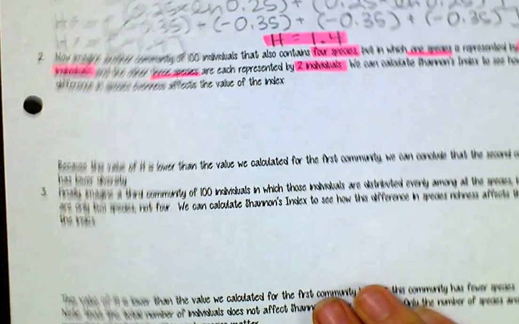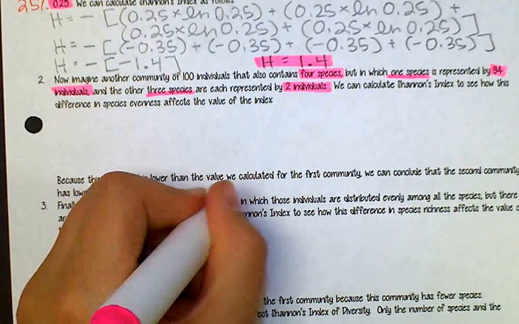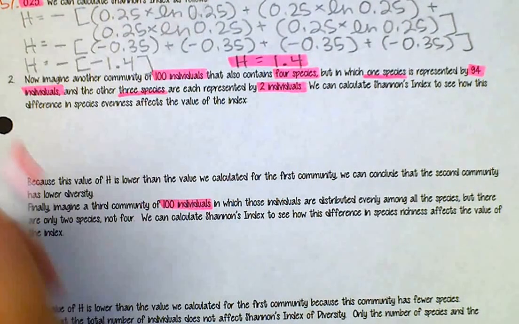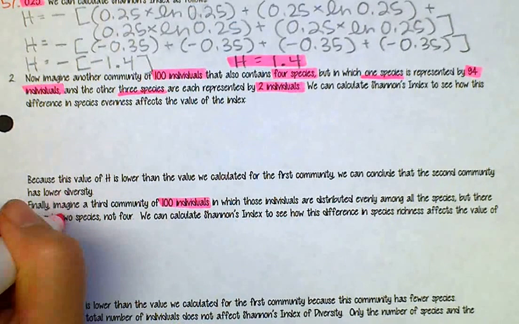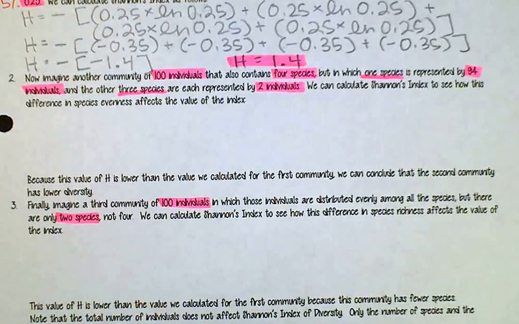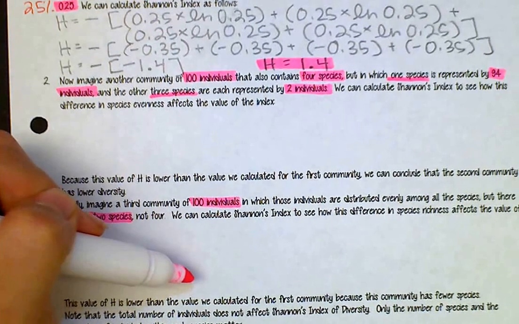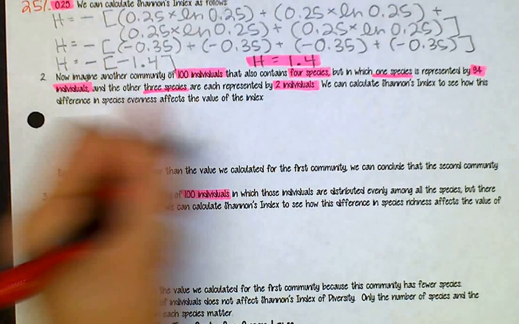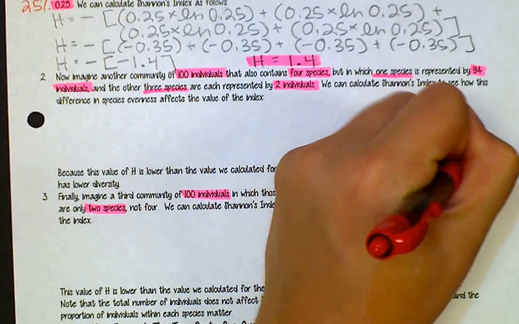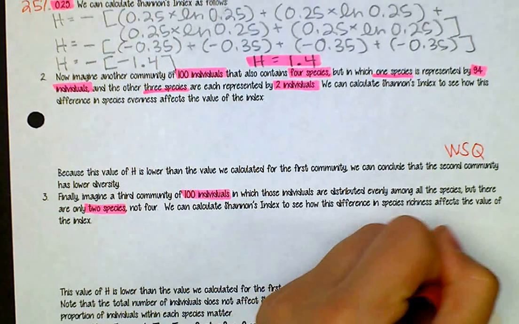And the last one, we have a third community of 100 individuals. Those individuals are distributed evenly among all species, but there are only 2 species, not 4. Okay, so this one's going to be 50% each. So the work down here is actually going to be a little bit shorter. This goes in your whisk form once you solve it. Make sure you show your work.